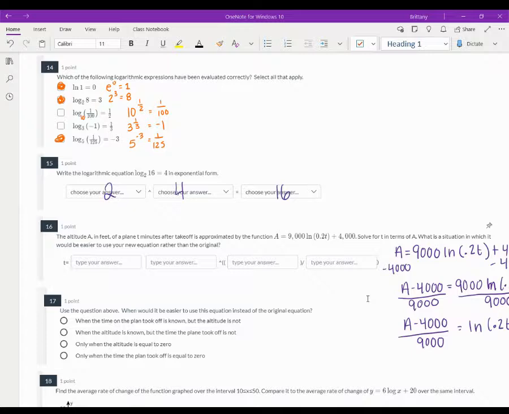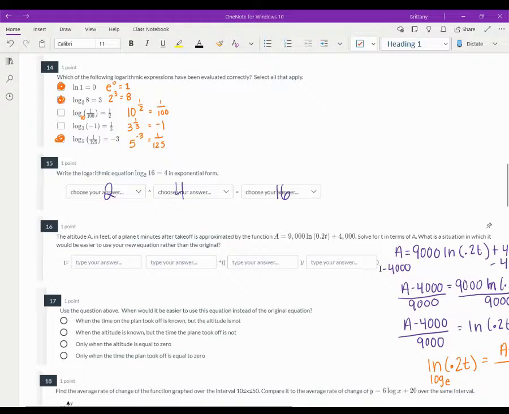So now I have to rewrite my exponent as a log, or sorry, my log as an exponent. I'm going to do the little half step where I put my log on the left. And I know that natural log is log base e.